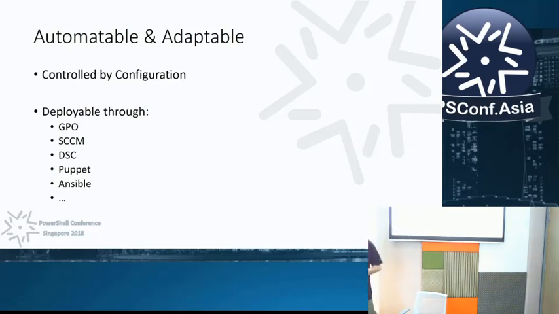So, automation and adaptability are handled through the configuration system. Every single part of the logging aspects can be deployed by configuration, and you can use whatever tool you really need in your scenario. As an admin, you could have a group policy that says, I've got a central logging server, send all my logs over there. That's cool.